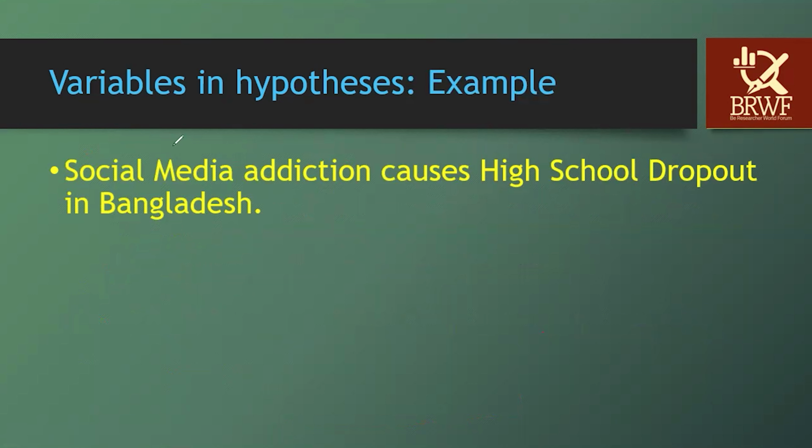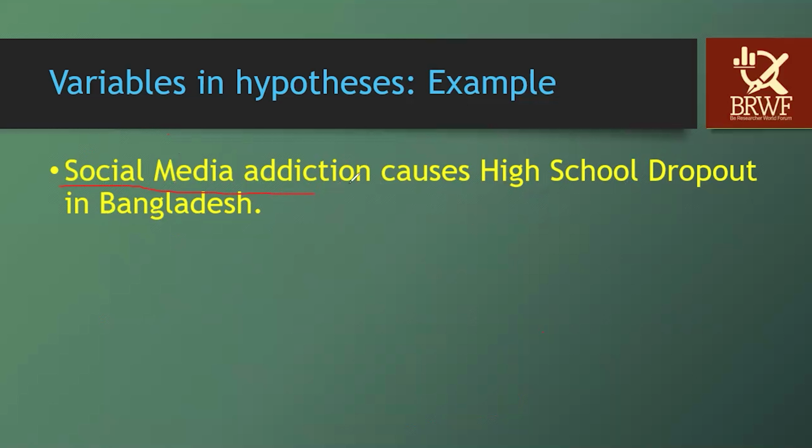The question was: what are the causes of high school dropout, or what are the causes of school dropout rate in rural Bangladesh? Okay, rural or Bangladesh, you can say anything. So this is a hypothesis. I have formulated that social media addiction causes high school dropout in Bangladesh.